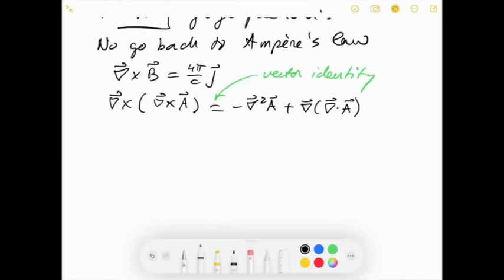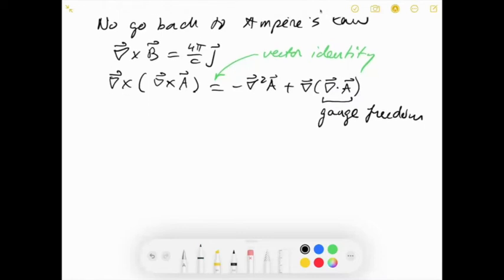And now here we have our gauge freedom. So we can pick this to look like anything. So why not take the easiest solution?